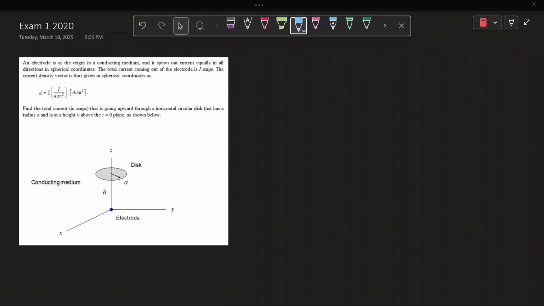Now, the first thing we should do here is we should notice, what do we have and what are we trying to find? Well, we have our current density vector J, and we're trying to find I, the current. So there's an equation we need to know here. I is equal to the integral of J dot n, and then we have a differential dS.